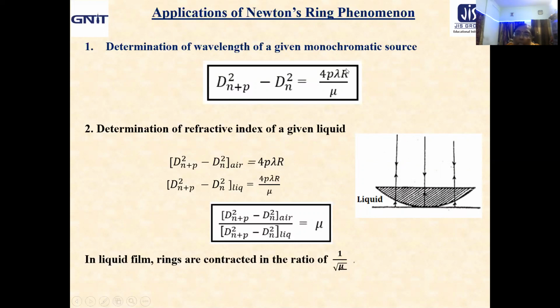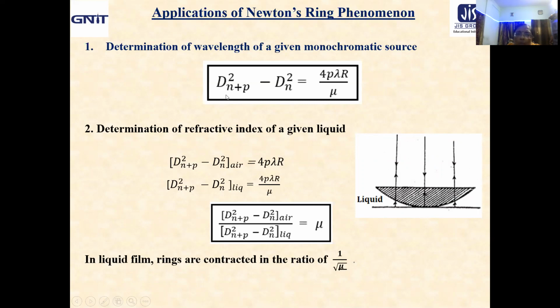If r, the radius of curvature of the plano-convex lens, is given to you and you consider the air film, then mu will be equal to 1. Okay. So, Dn, what about n? Say you are considering the second ring or third ring or fourth ring. Naturally, here n will be that ring. So, r is given, mu is 1, and lambda you will find out because Dn square is already measured.